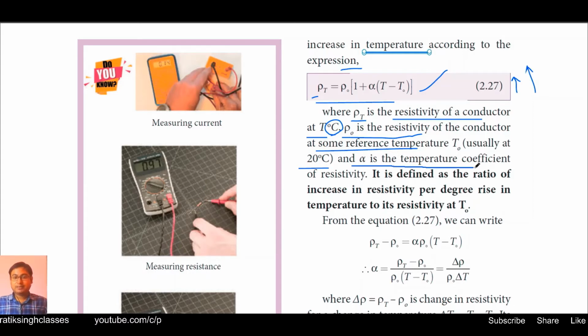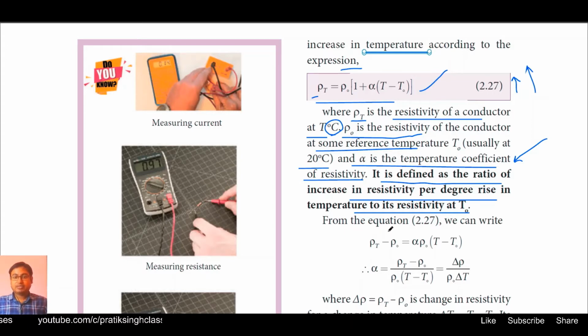Alpha is the temperature coefficient of resistivity, and it will be different for different materials. It is defined as the ratio of increase in resistivity per degree rise in temperature to its resistivity at t naught. That means if temperature is increasing, how much is the resistance of the conducting material increasing.